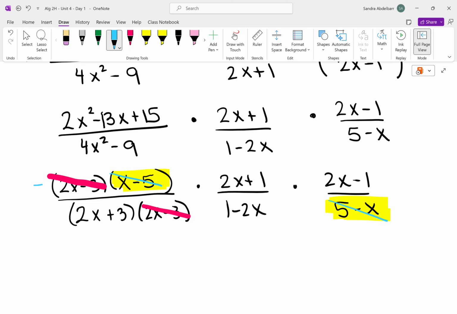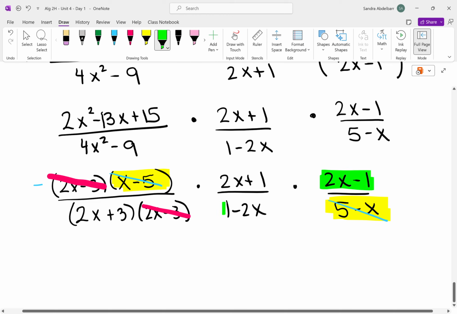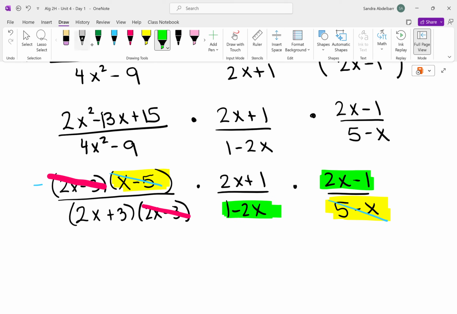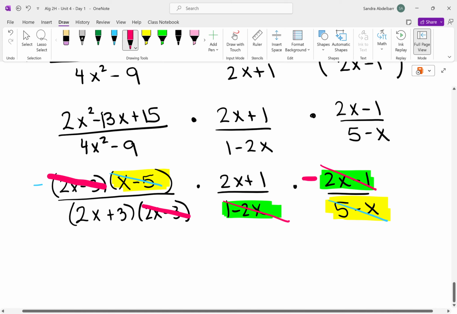All right, what else should I do? Pull out a negative from 1 minus 2x. You got it. Right over here, let's make this green, here and here. We can cancel those if I pull out another negative. So we're going to pull out another negative here, and when I pull that out, we are going to be able to cancel those out.